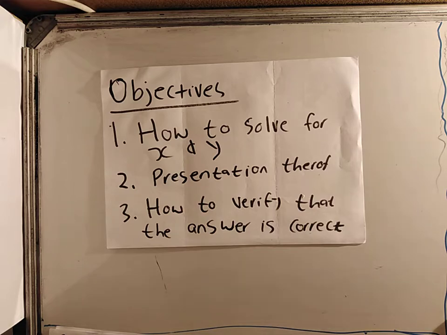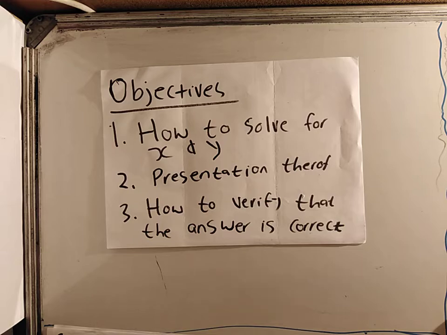We are going to share with each other how we present these kinds of solutions, how we write them down properly in an acceptable way in terms of our syllabus. And lastly, how do we then verify? Verify is just a fancy word for showing or proving. So how do we show that the answer is correct? At the end of the session, make sure that all of these three objectives are met.